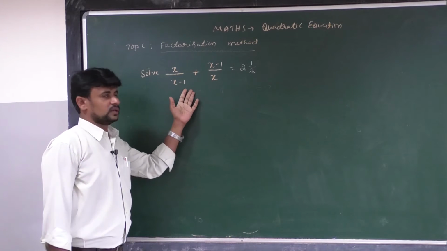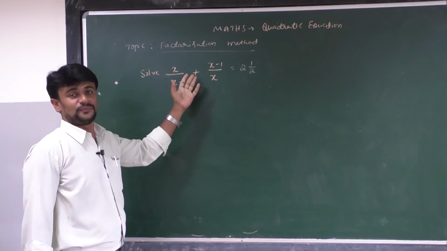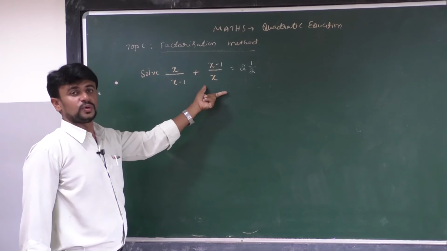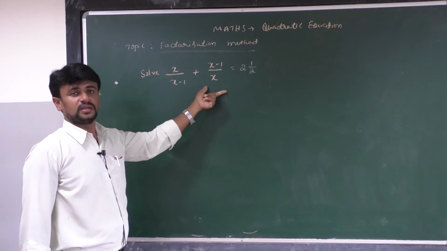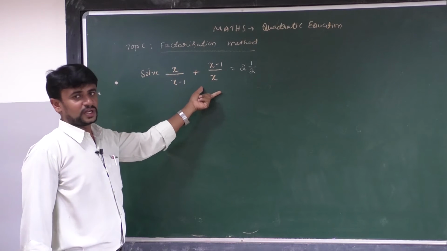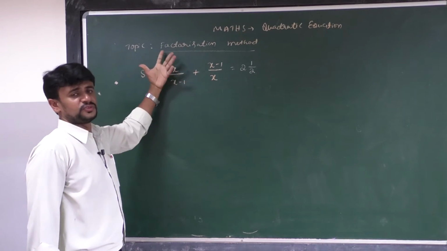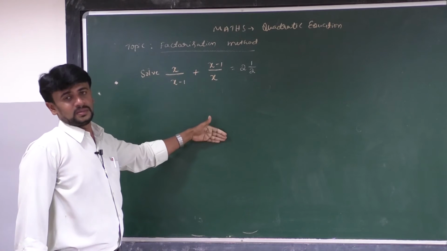As I observed, this question is not in standard form. First of all, you have to convert this equation into the standard form of the quadratic equation. After converting that, you have to follow the same steps we did in the previous problem.